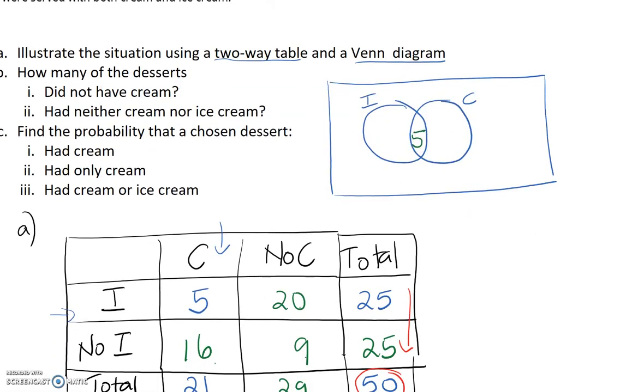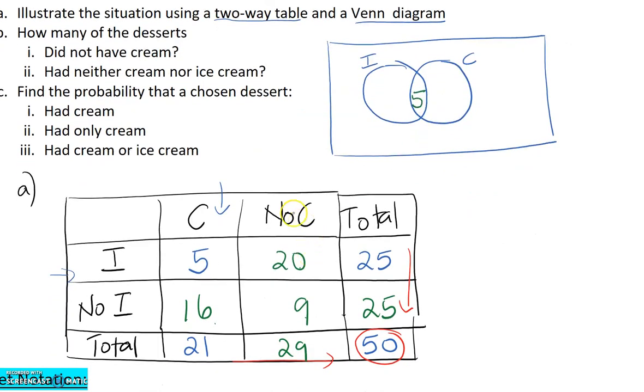No cream and no ice cream is the 9, so 9 would go outside, in neither of the circles. Then the number of people who had ice cream, 5 of them are in the intersection, but they didn't have the cream, so 20 will go over there.